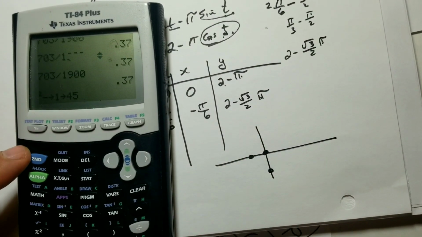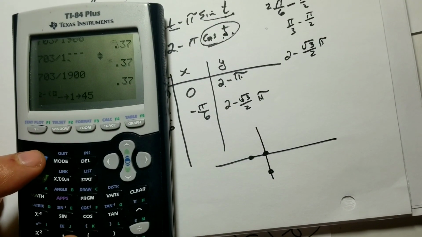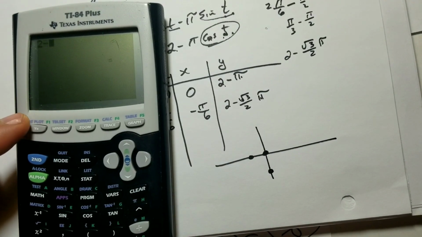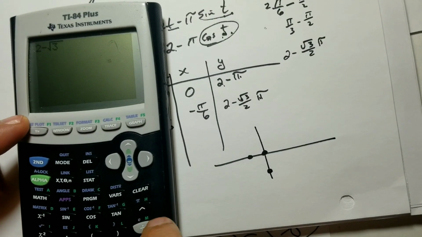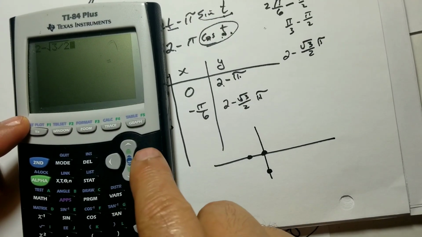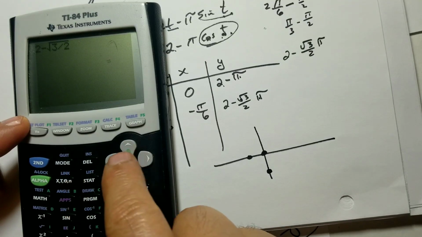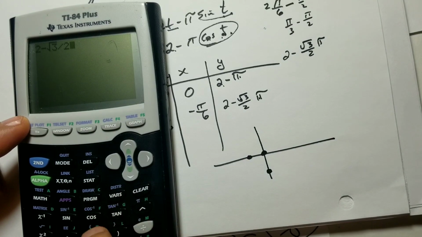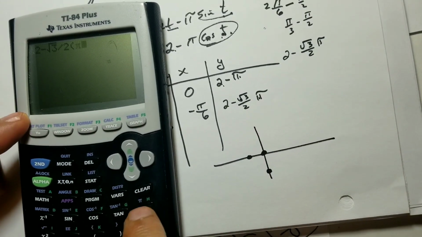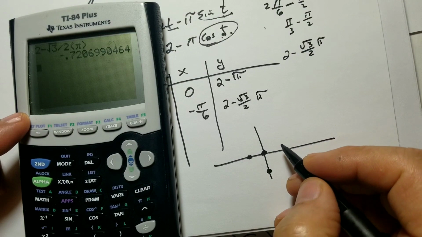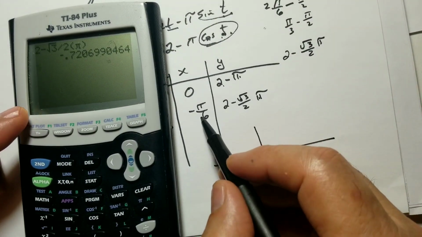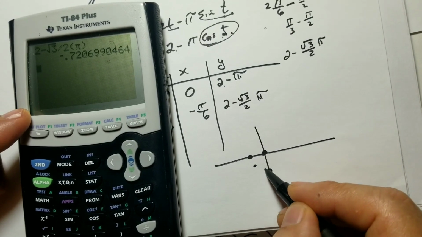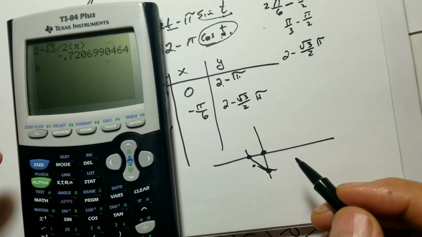If I take 2 minus the square root of 3 over 2 times pi, that gives me negative 0.7. Therefore, when it's negative pi over 6, which is right here, I have something like that. Therefore, my graph is coming right here.